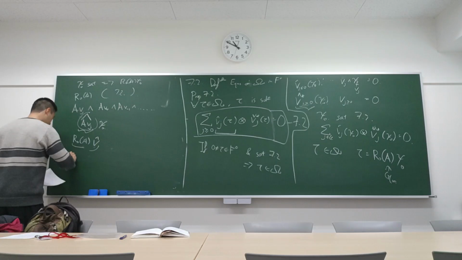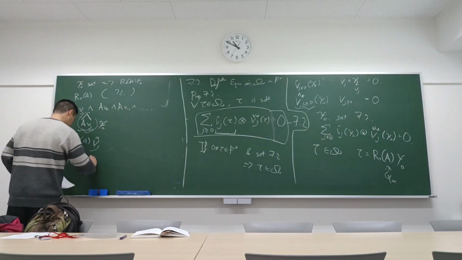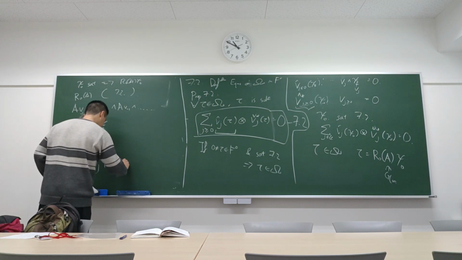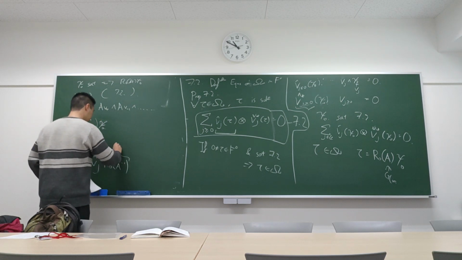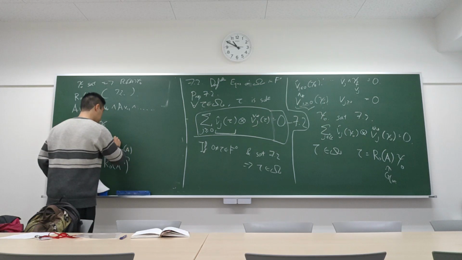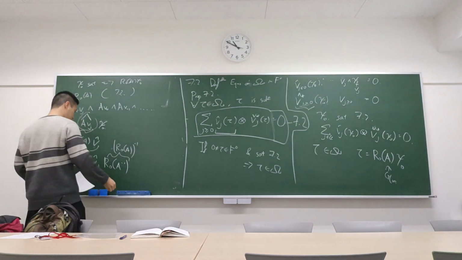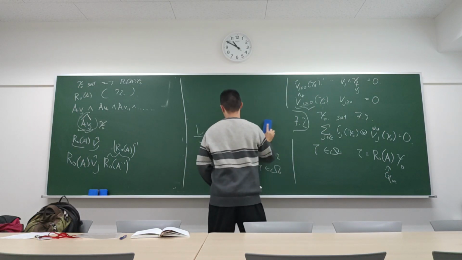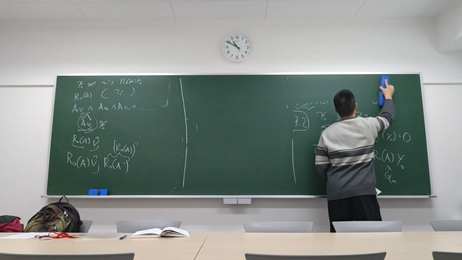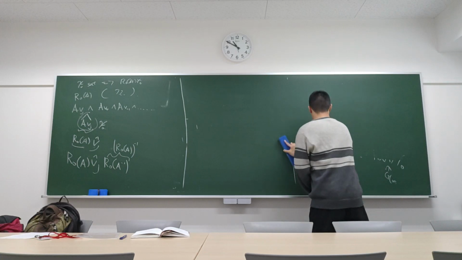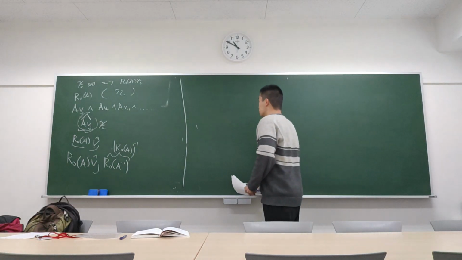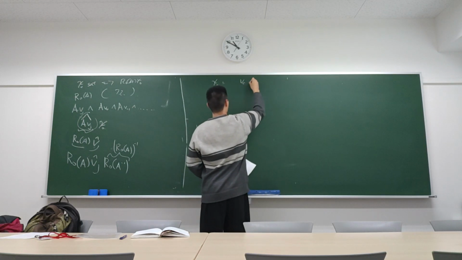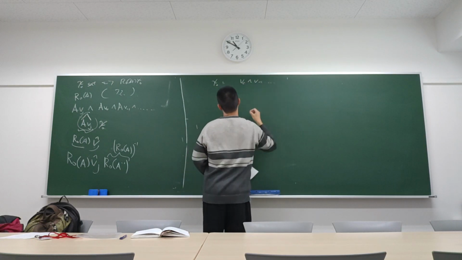So the answer is that you have R naught A Vj and R naught A inverse. This, because of linearity, is also R A. And this is because your psi naught is V naught, V minus 1, and so on.